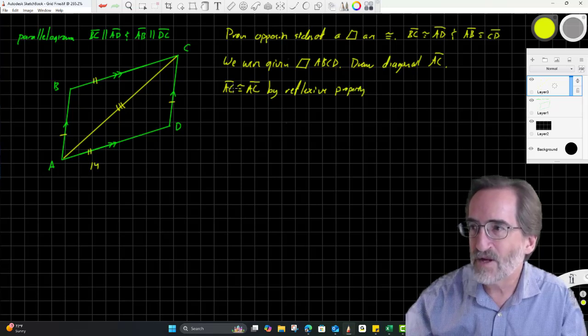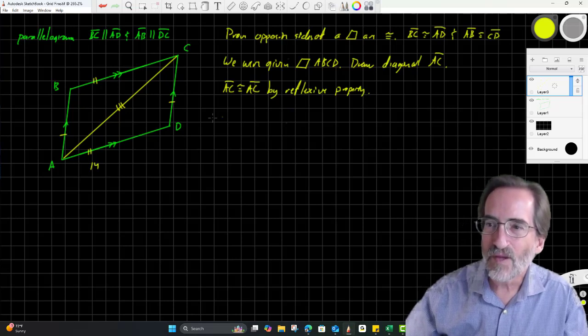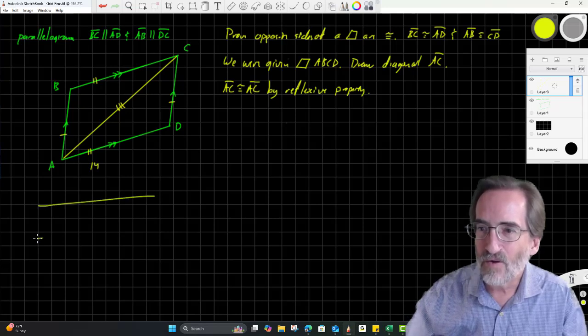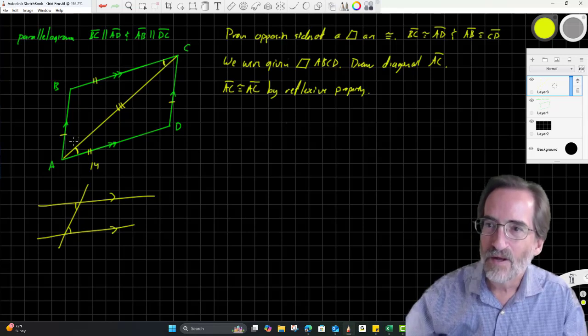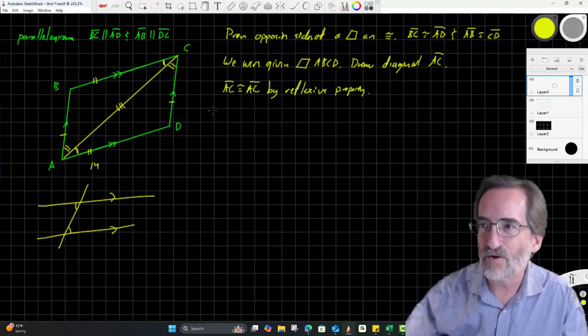Every time you make a statement, justify it with a rule. And let's see what else we know. I may recall that when two lines are parallel and they're crossed by a third line, these two angles are congruent, alternate interior angles. And so this angle is congruent to this angle by that rule. Likewise, this angle is congruent to this angle by that same rule, the alternate interior angle theorem.